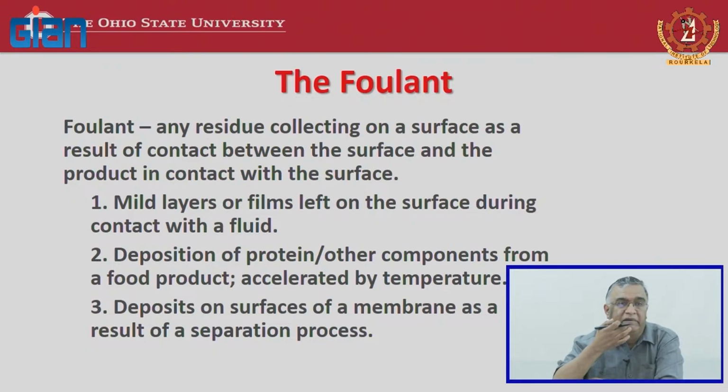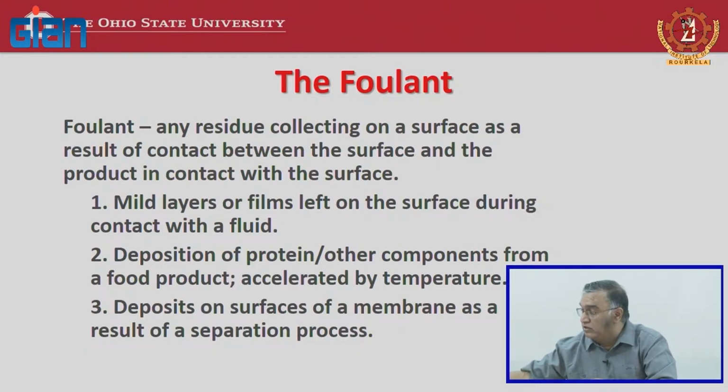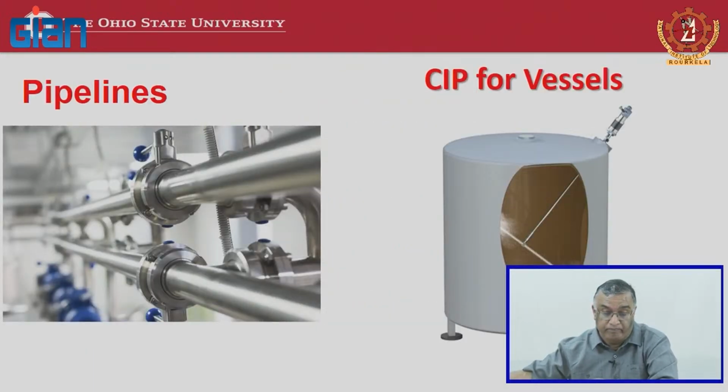Maybe if you are processing some flour, there may be a deposit of flour, and it is a very thin layer, not necessarily a very thick one. And then you may have protein deposits, starch deposits, and other things. These are the things you have to take care of in addition to your other residues.